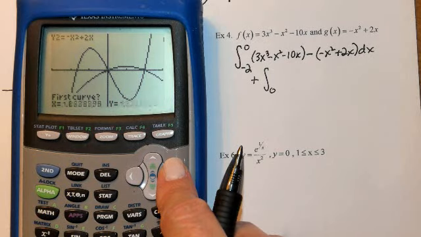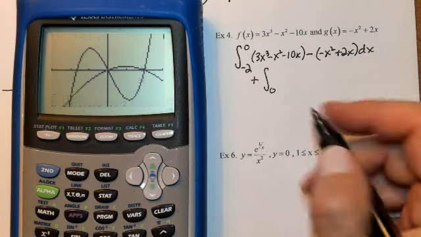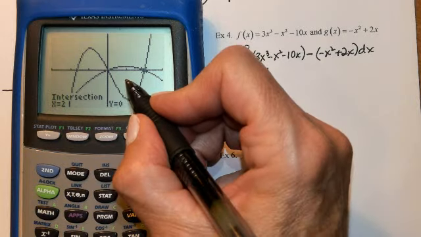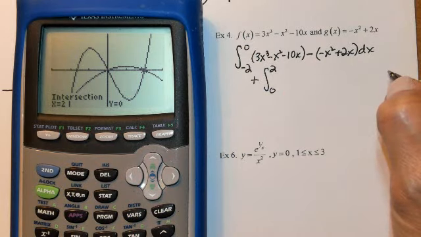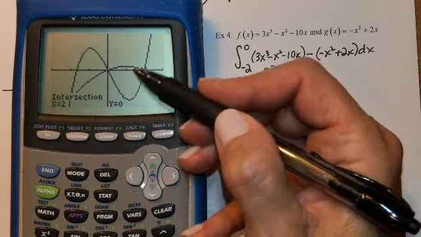I could do this quicker, but that's okay. I'm not in a huge hurry. Enter, enter, enter. So my rightmost intersection point on this region is 2. Okay? And now, think of a rectangle in here.